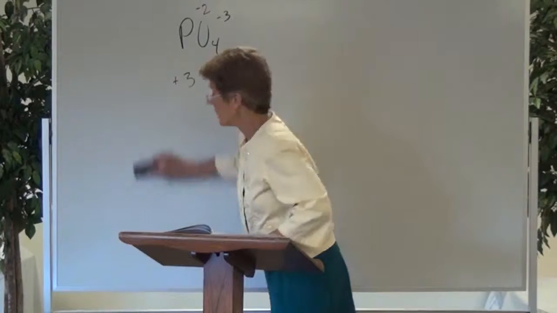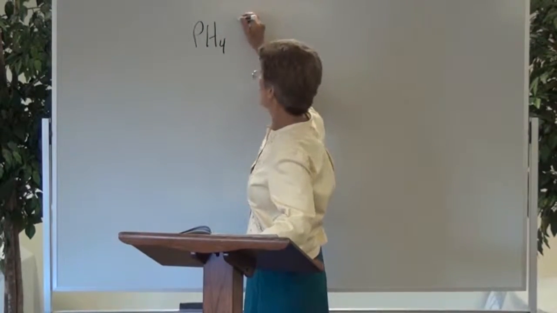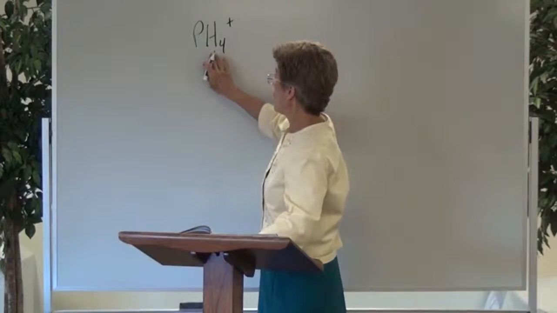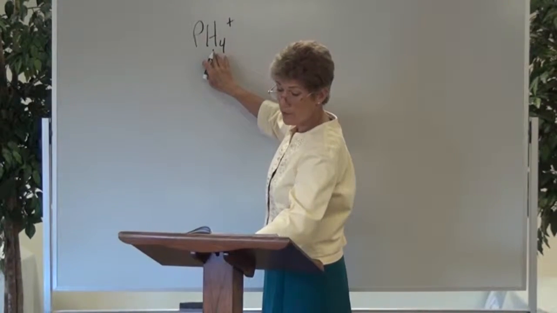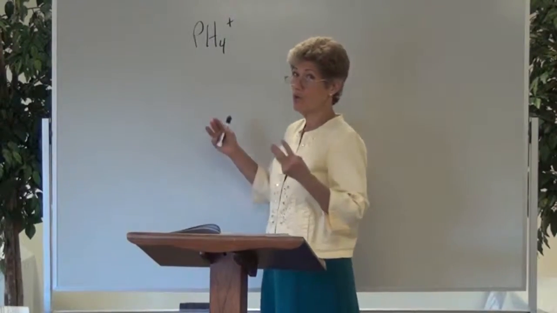Number 6, we're supposed to find the oxidation numbers on PH4+. Okay, well, we're looking for the oxidation numbers on all of them. If you'll work your rules, the first rule is, is it by itself? No, it's not. Second rule, group 1 metals? No. Third rule, group 2 metals? No. Fourth rule, fluorine?